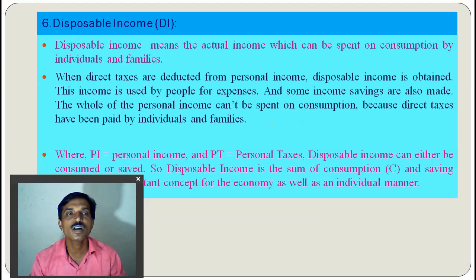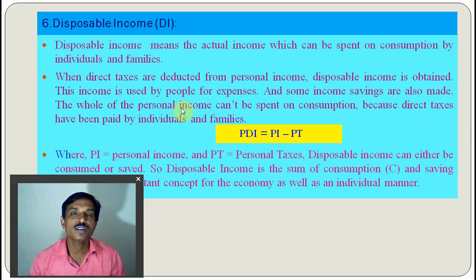This received income we call the disposable income. So what is the disposable income? Personal disposable income is equal to personal income minus personal taxes, PI minus PT.